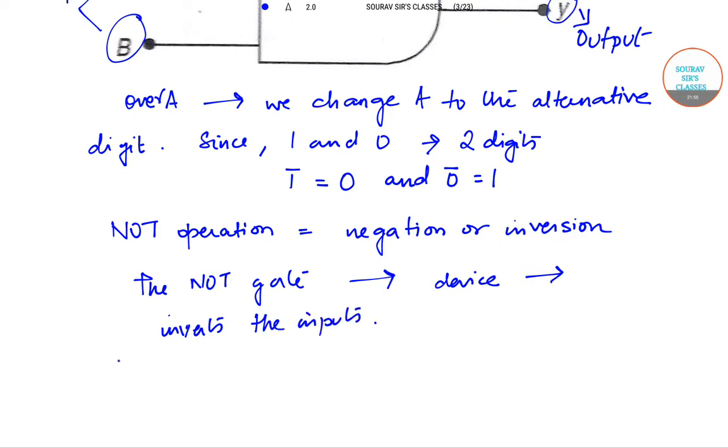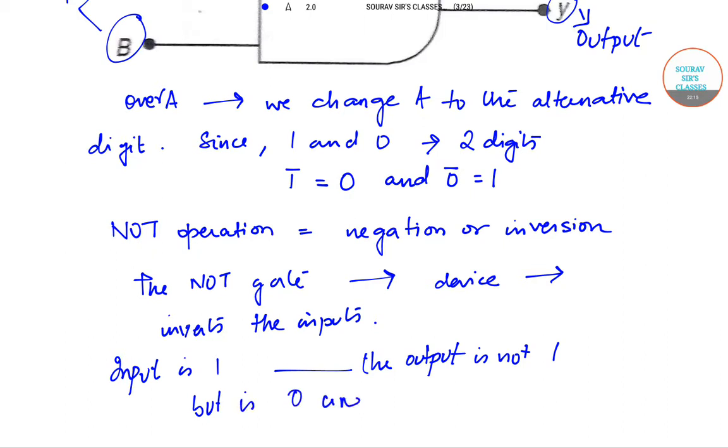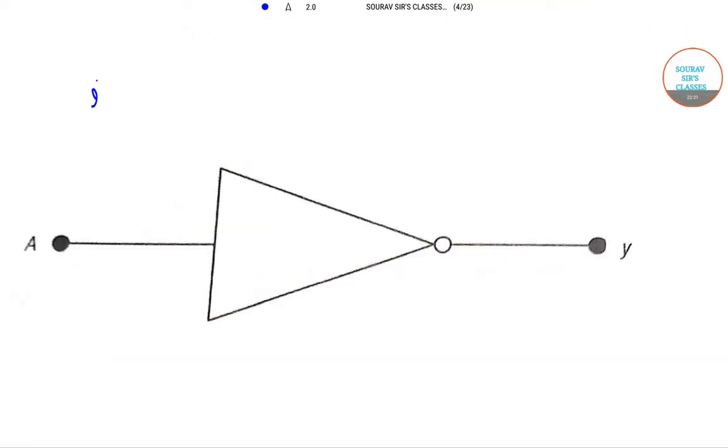So if input is 1, the output is not 1 but is 0, and if the input is 0, then output is not 0 but is 1.